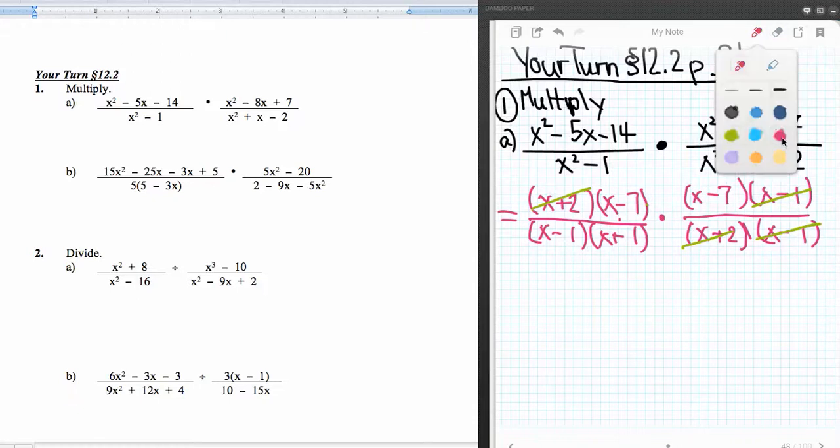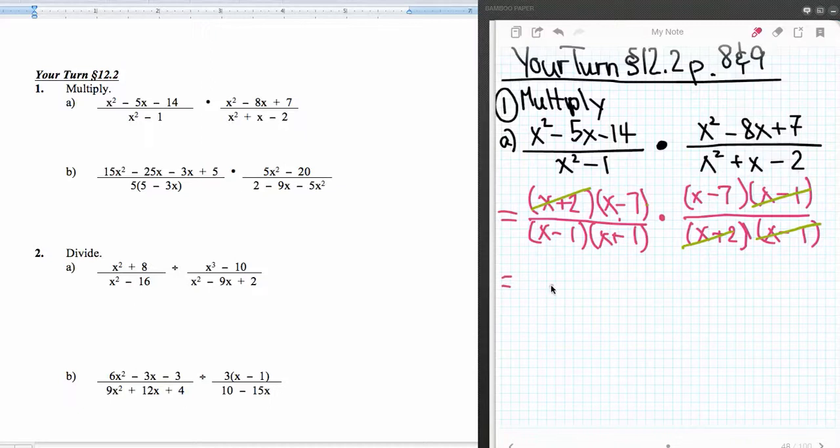And now we multiply it out. Now remembering again that intermediate algebra texts usually would just leave it like this, x minus 7 times x minus 7, or actually x minus 7 squared. In a beginning algebra text, if they didn't multiply it out, you might see it as x minus 7 times x minus 7, and then over x minus 1 times x plus 1.